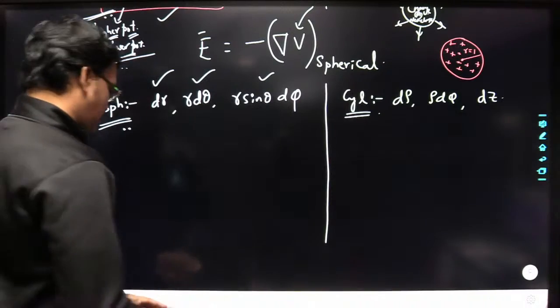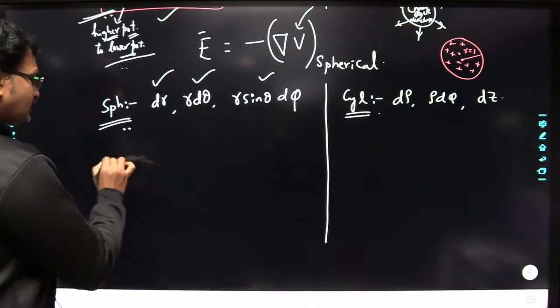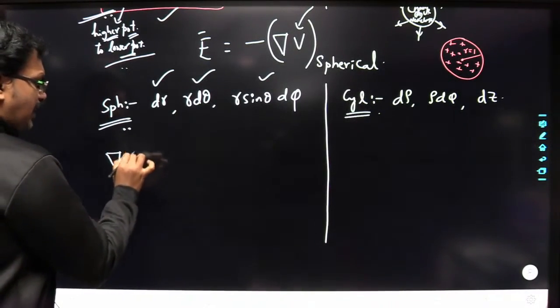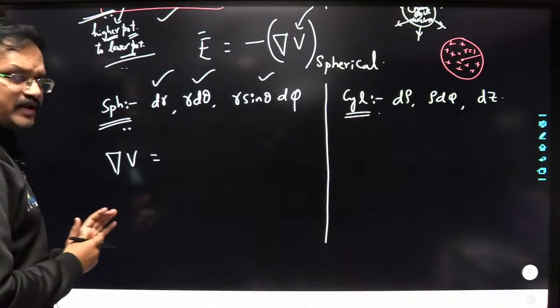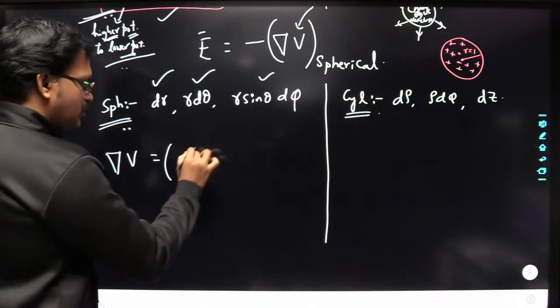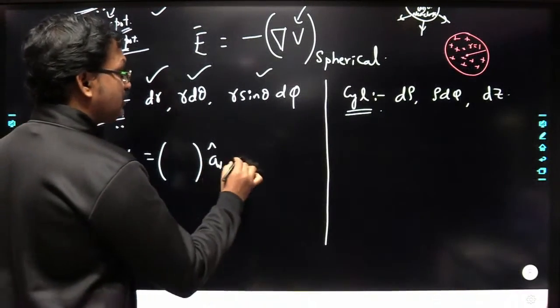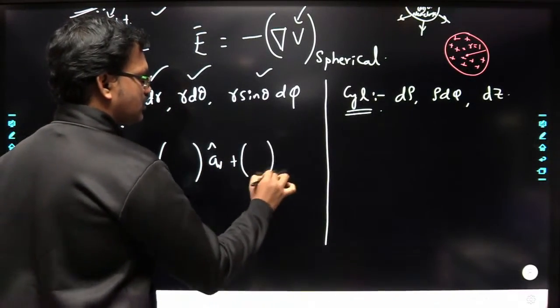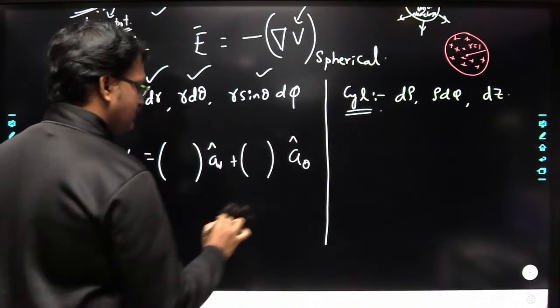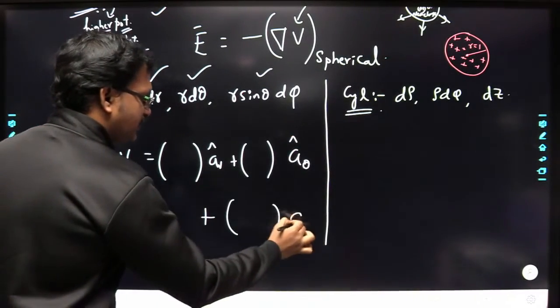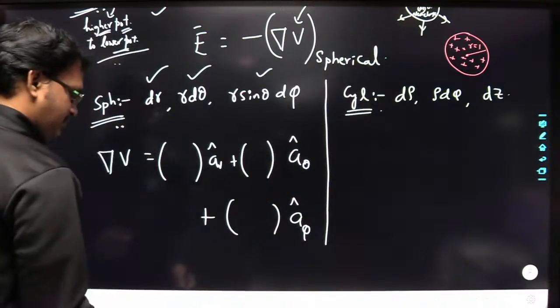So here, gradient of V. I am expanding this gradient of V in spherical coordinate system. So here you have the radial component A_R cap, plus A theta cap, plus A phi cap.